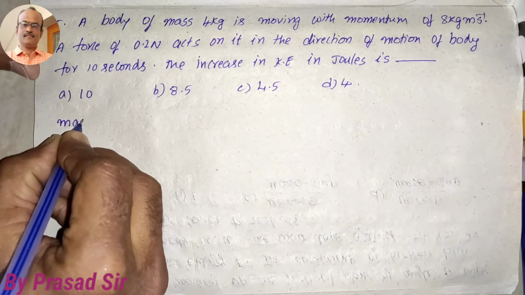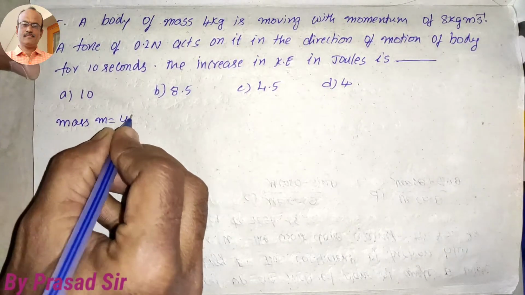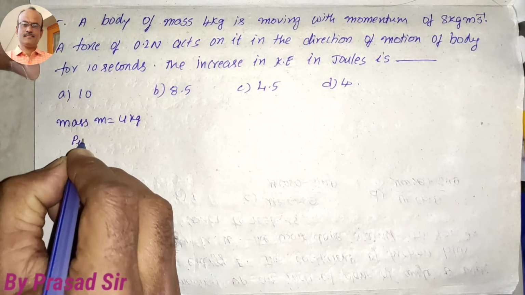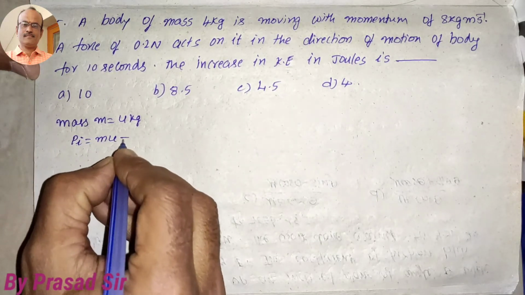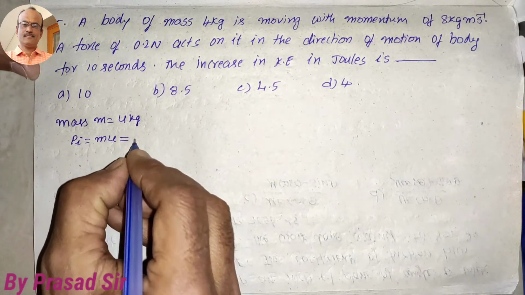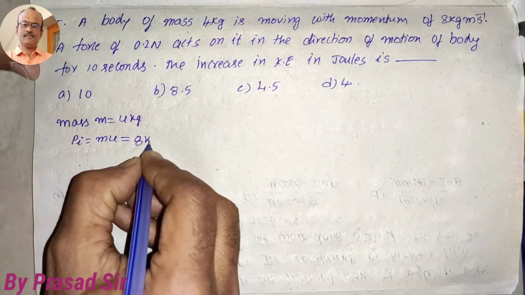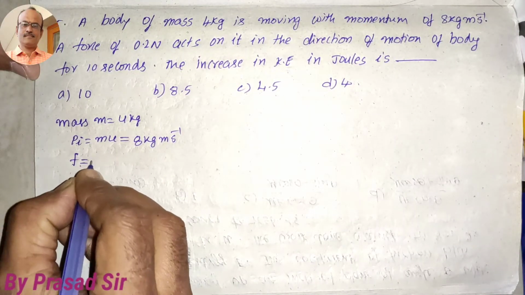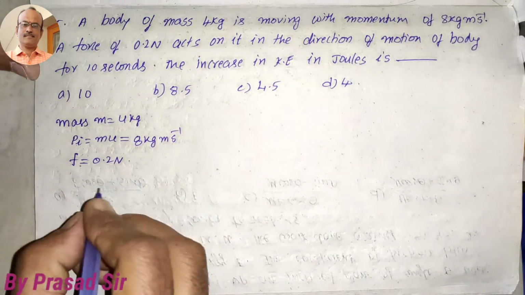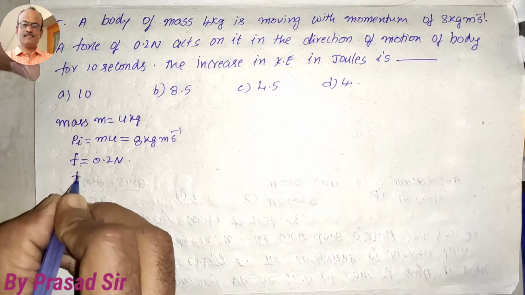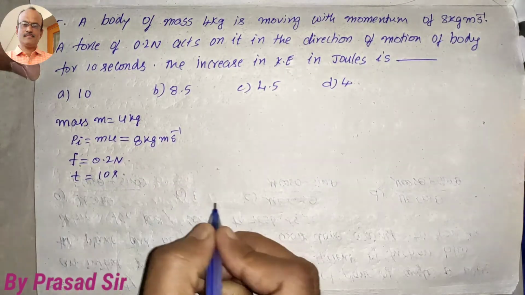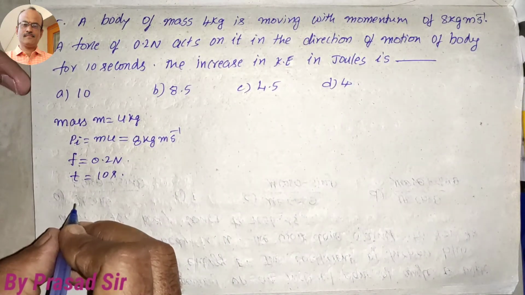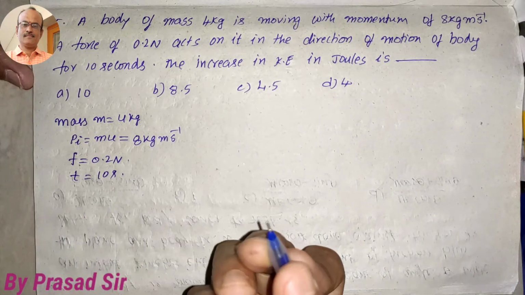I will write here mass m is equal to 4 kg, and momentum, that is initial momentum, p i is equal to m into u, which is 8 kilogram meter second to the power of minus 1, and also the force which is given is 0.2 newtons acting on it in the direction of motion of the body for time equal to 10 seconds. But increase in kinetic energy is required. So to calculate the kinetic energy required, the momentum is required.